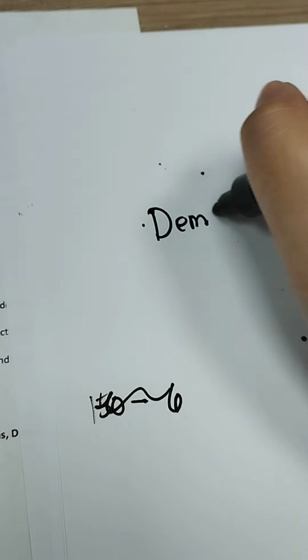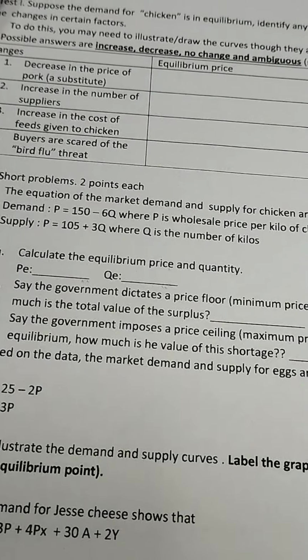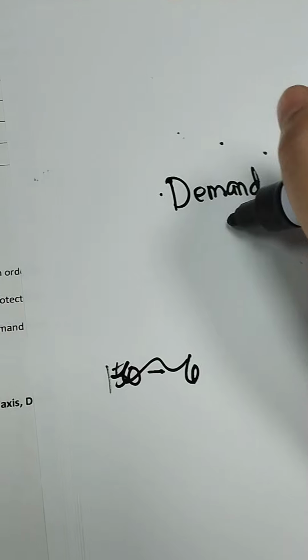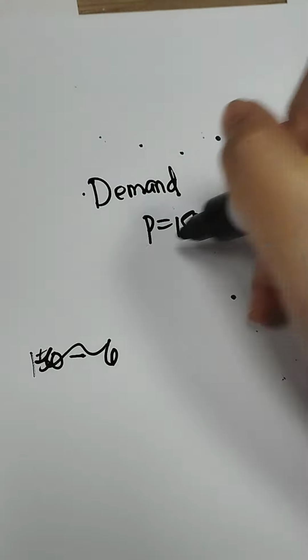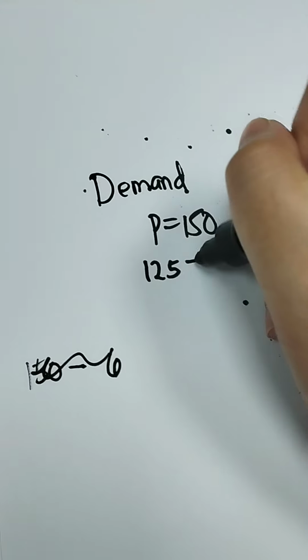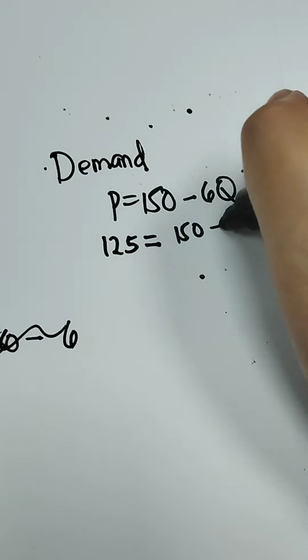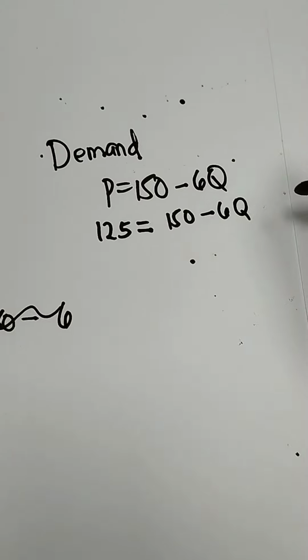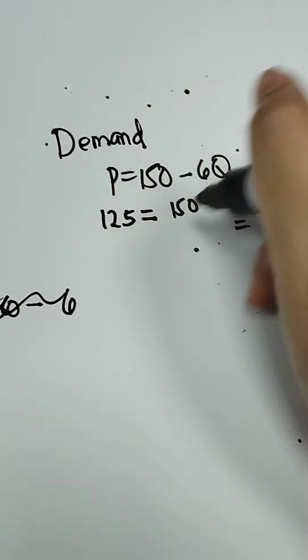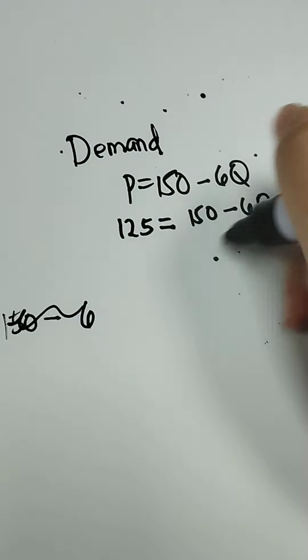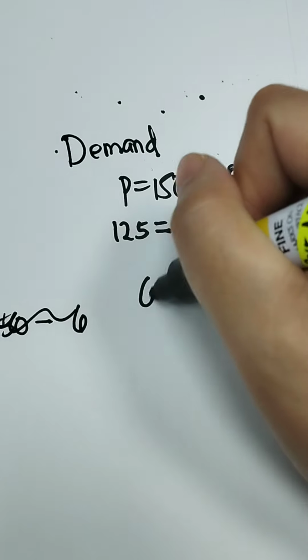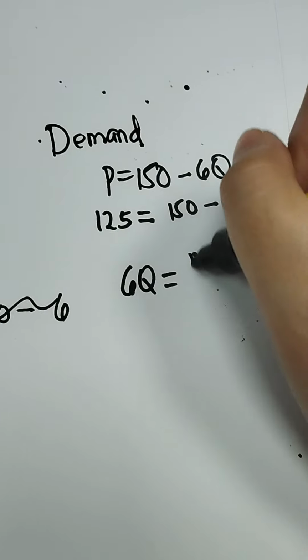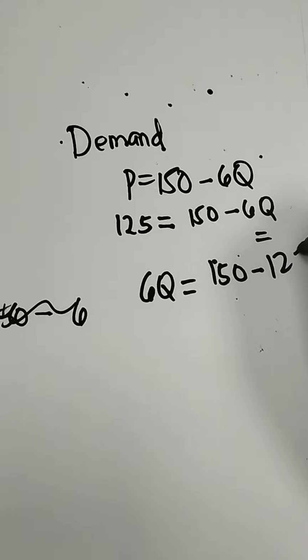So for demand, P is equal to 150 minus 6Q, and the price is given, it's 125. So 125 is equal to 150 minus 6Q. In order to get Q, we may transpose negative 6Q, that becomes positive 6Q is equal to 150 minus 125.